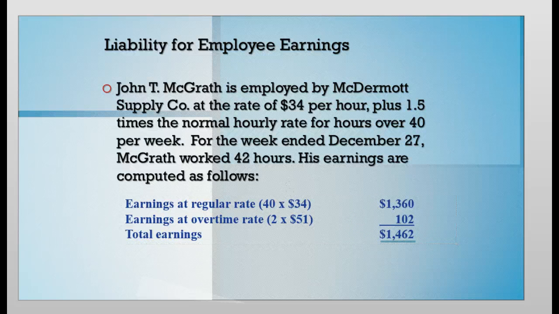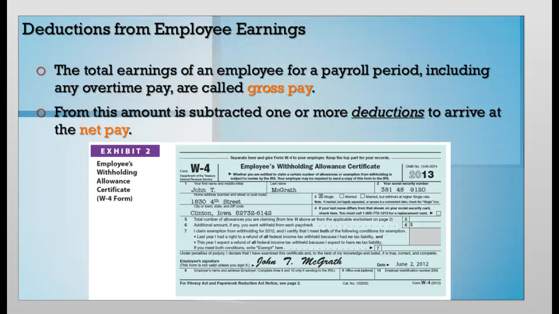Now we start to look at what we have to deduct. What we saw was that $1,462 is called gross pay. Now we need to figure out the net pay, which is what he will actually take home or put in his bank. He filled out a W-4, and I believe everybody's familiar with a W-4. Wherever you work, you have to fill this out to explain how many deductions you have.